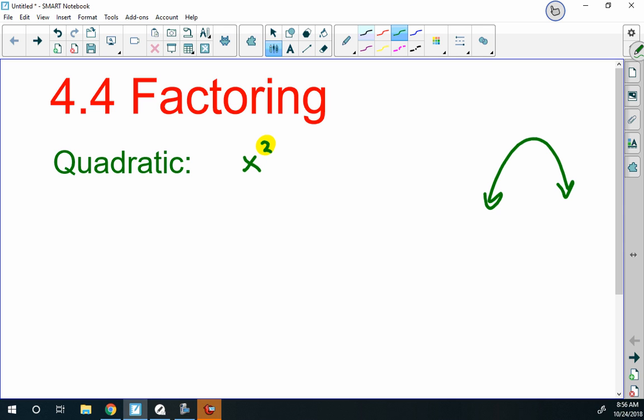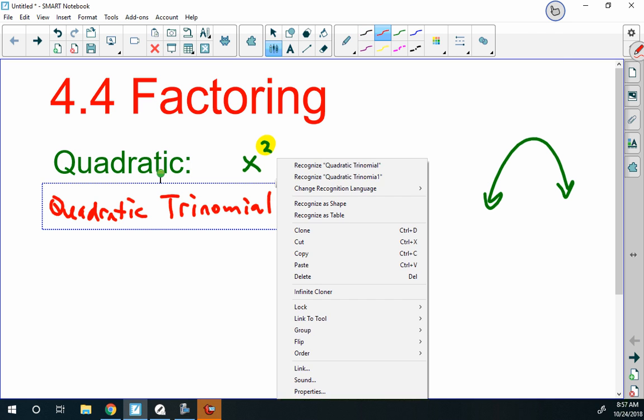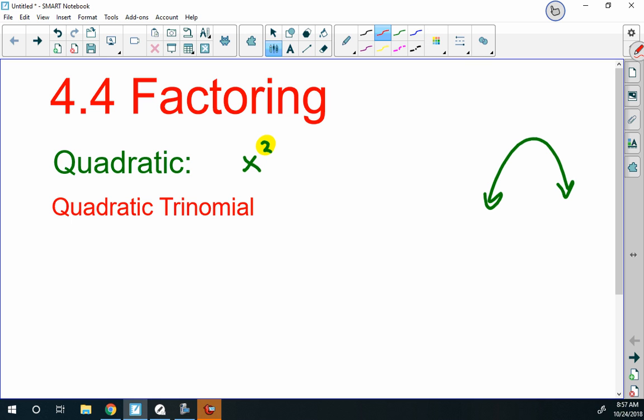Okay. So to build on this idea, we could talk about a quadratic trinomial. Now, if you look at the prefix in trinomial, what's the prefix? Tri. And what's tri mean? 3.